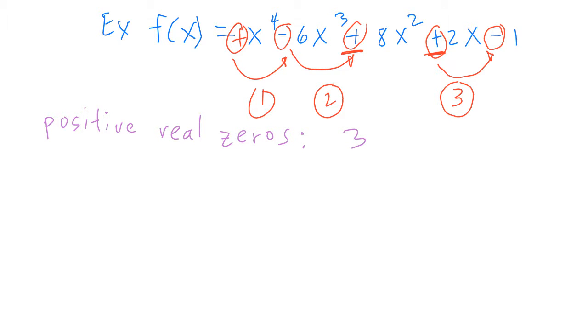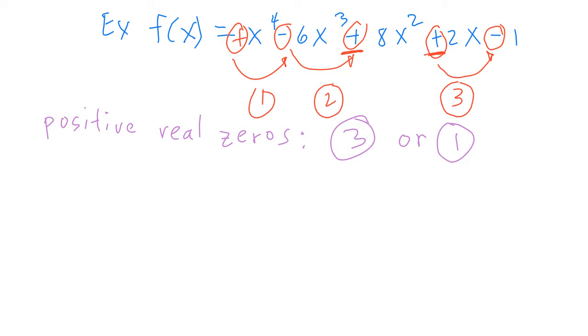Or, remember the rules, it says you have to subtract by 2 if you have greater than 2. So that's 3 minus 2, or the possibility would be a 1 positive real zero. So either of these two answers would be the answer for the positive real zeros.